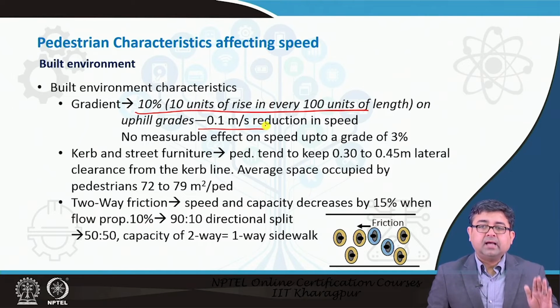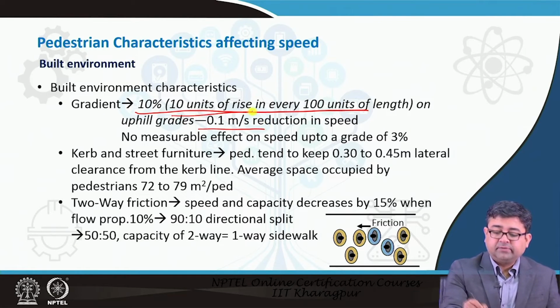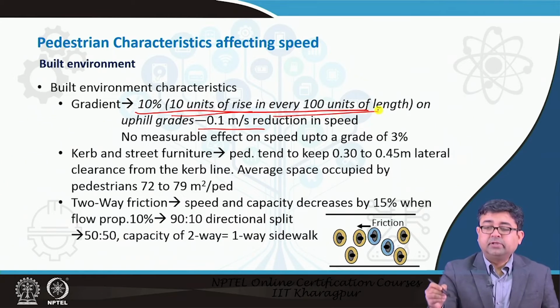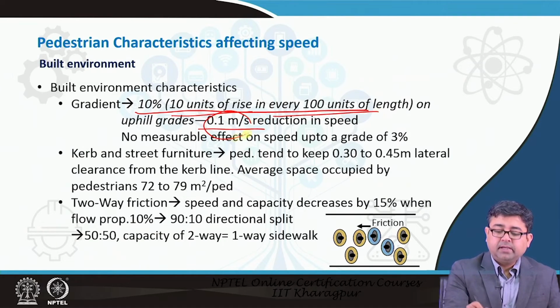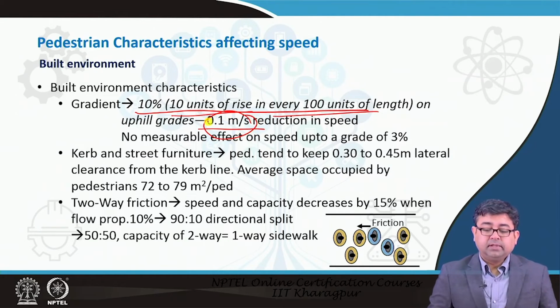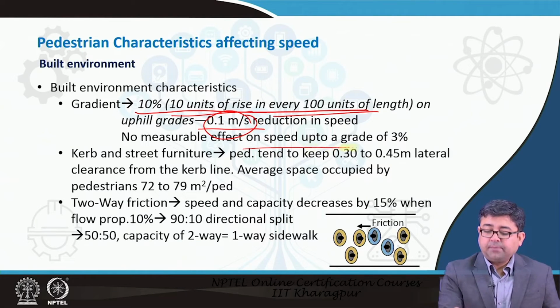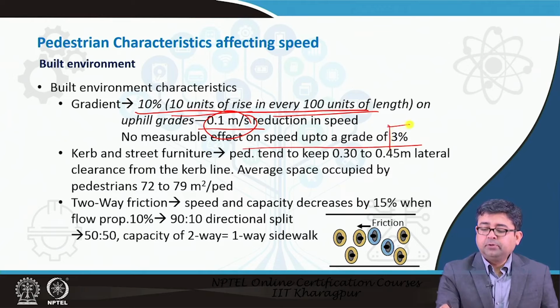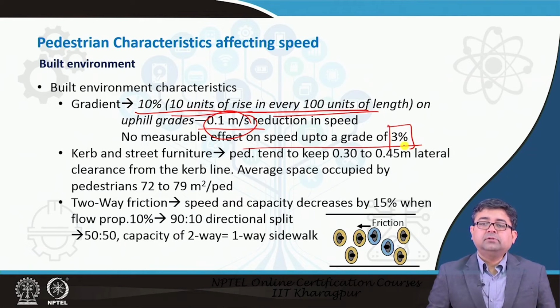So, when the gradient becomes steeper and steeper, for every 10 units of rise in 100 units of length, your speed reduces by 0.1 meter per second. There is no measurable effect on speed up to grades of 3%. So, up to a 3% grade, you do not have much effect on speed, but once the grade is steeper than 3%, then you are kind of worried.